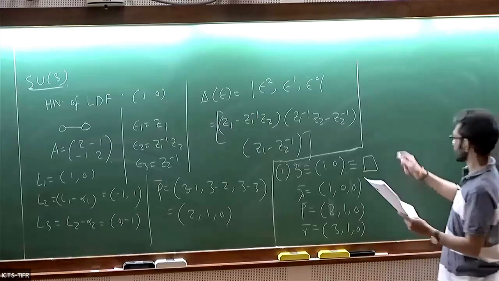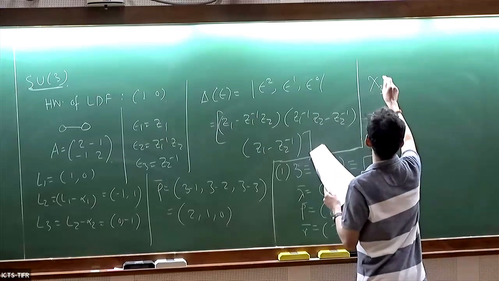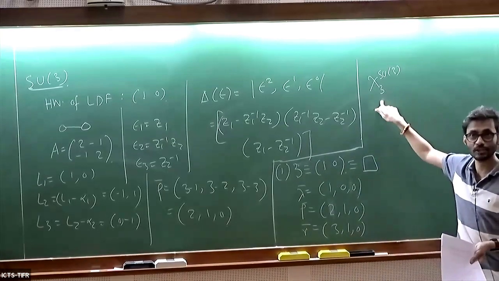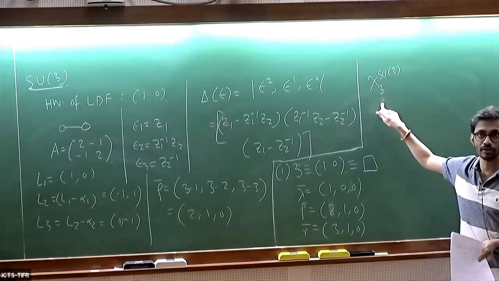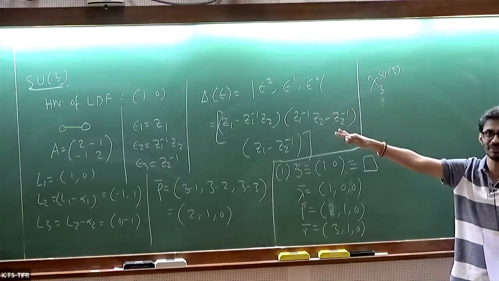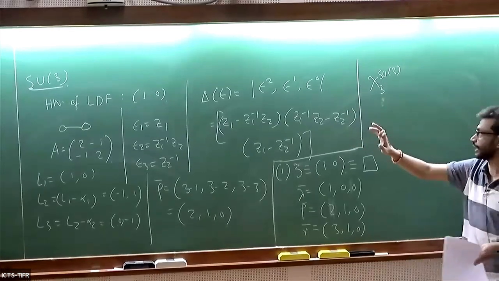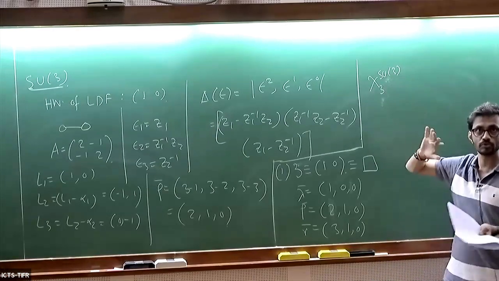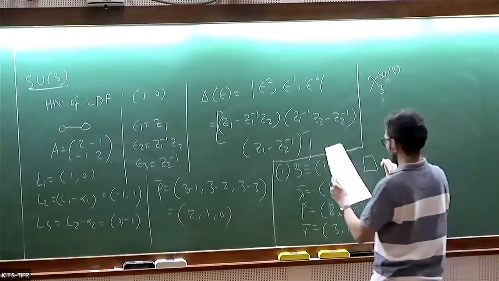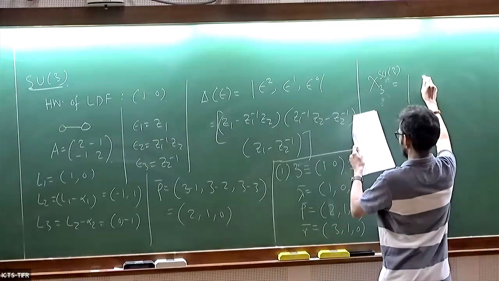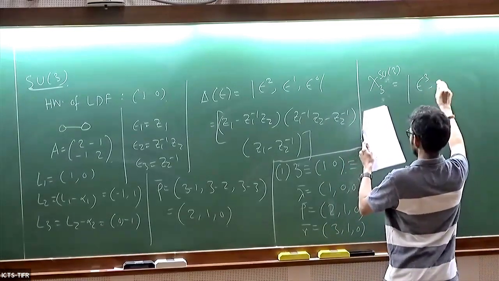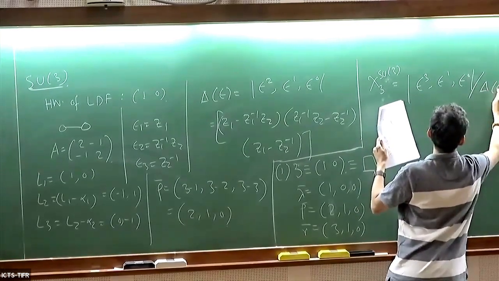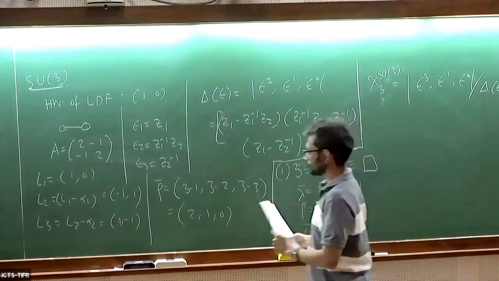Then I can write down the S3, but you have to remember this is the 3-dimensional representation of SU3, not the 3-dimensional representation of SU2. So one has to be careful, and it's better initially to write down the group that you are talking about, just to distinguish. If you write this down, you get epsilon 3, epsilon 1, epsilon 0 divided by delta epsilon. How are these epsilons related?